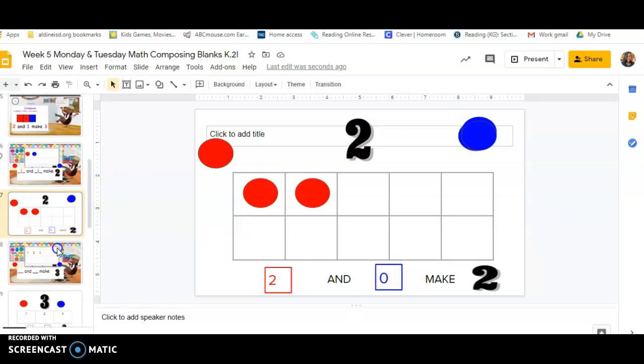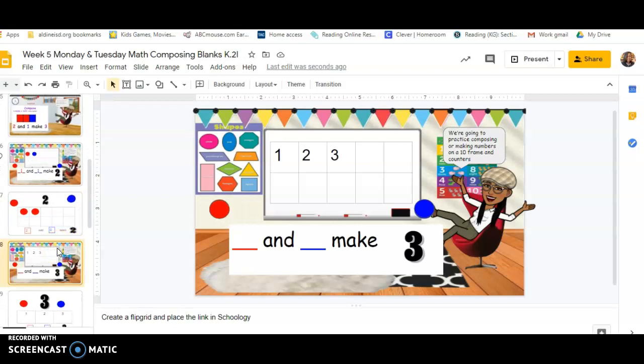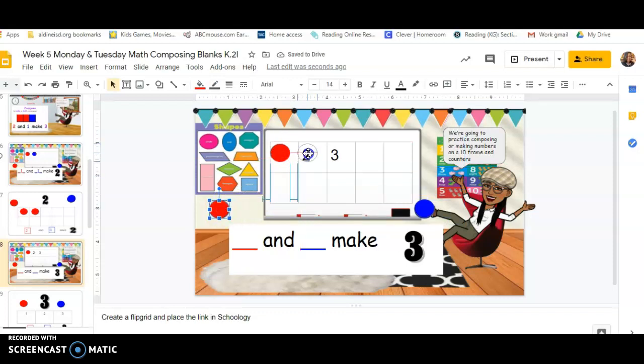All right. So let's try and compose the number 3. So this time, I think I want to use 2 red counters. 1, 2, and then I think I want to use 1 blue counter. And 3.